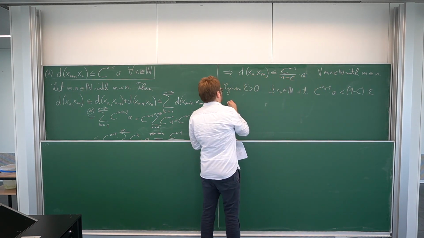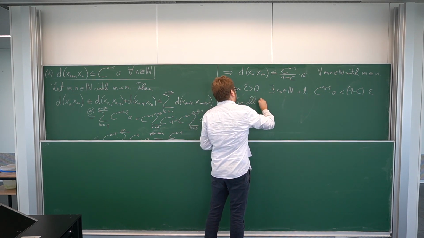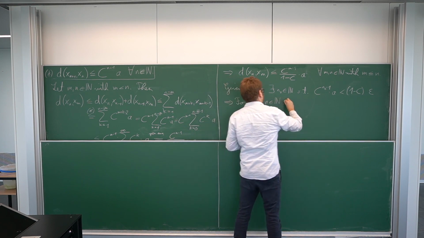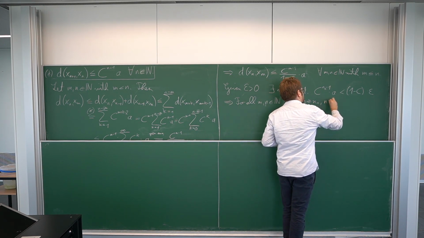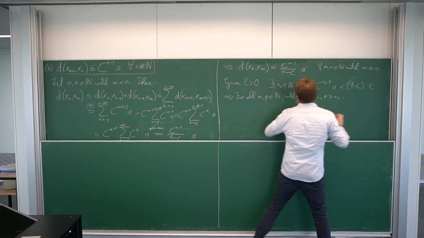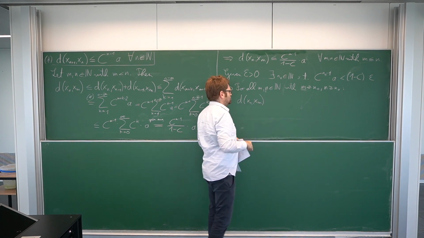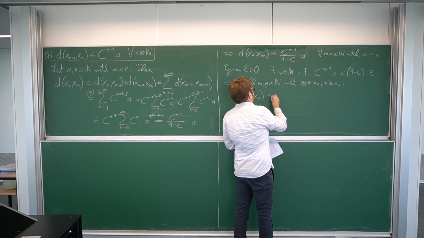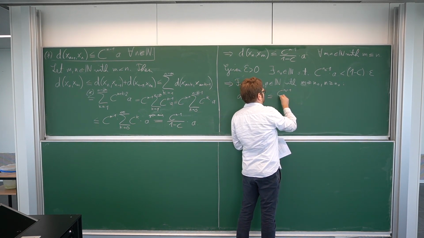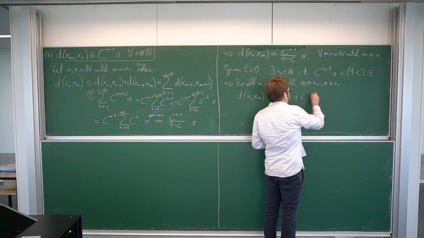So this means for all m and n in N with m bigger than or equal to n0 and n bigger than or equal to n0, we get that d(x_n, x_m), and now it doesn't matter which one is the smallest because they are both bigger than n0, is smaller than c to the n0 minus 1 over 1 minus c times a, and this is now by construction smaller than epsilon.